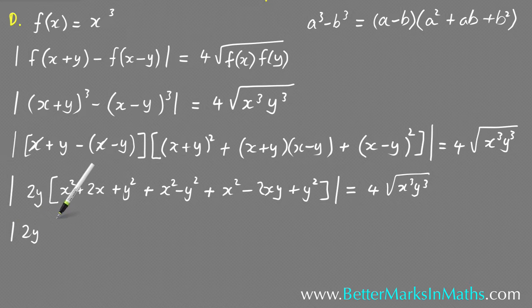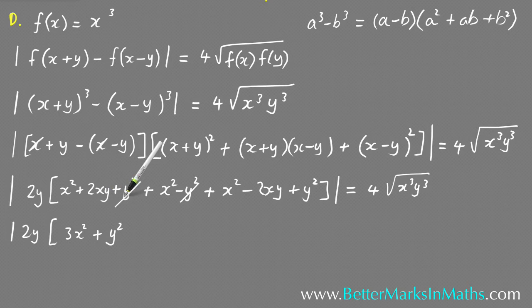And then the absolute value of 2y, and then this is going to become x squared plus x squared plus x squared, 3x squared, and then y squared minus y squared, so those two cancel, and then you're left with y squared plus y squared. That was supposed to be 2xy.